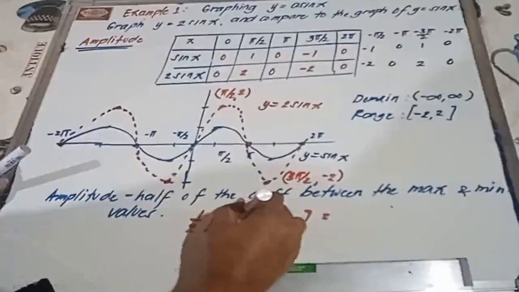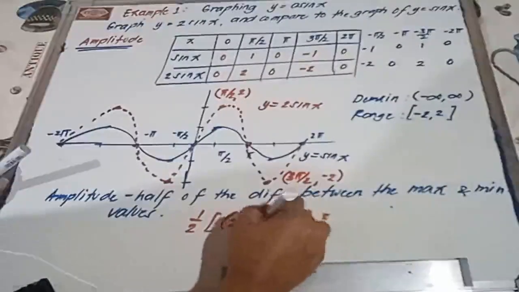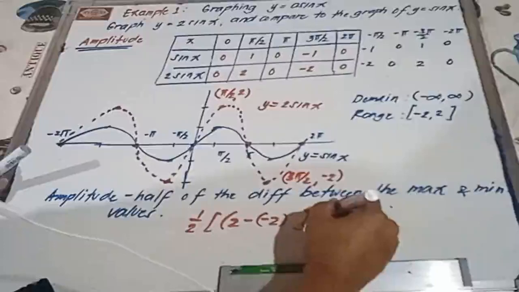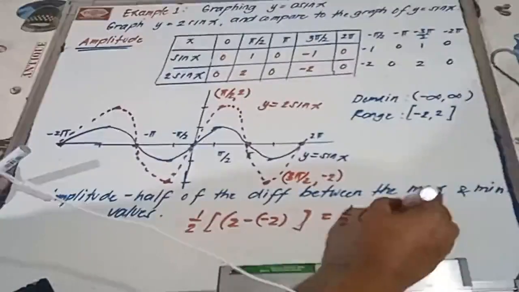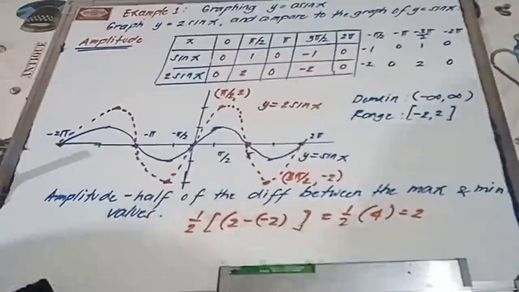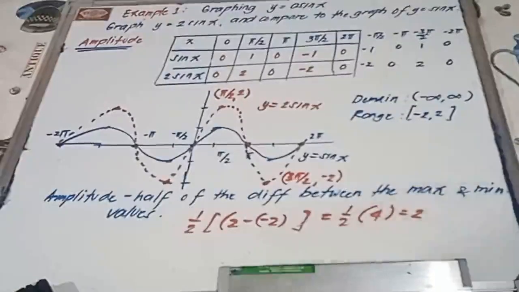So negative 2 minus negative 2. So we have one half of 4. So the amplitude is 2. The amplitude is 2.